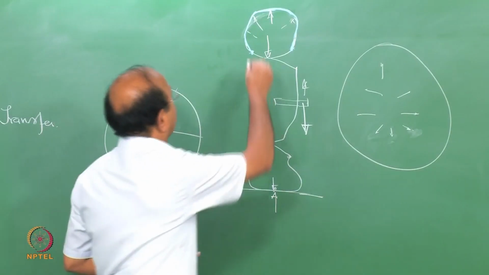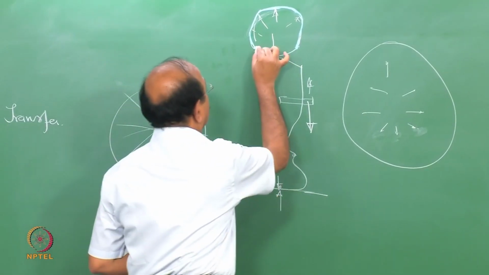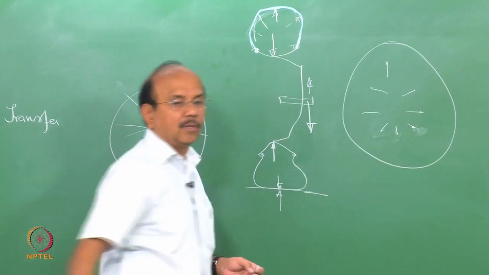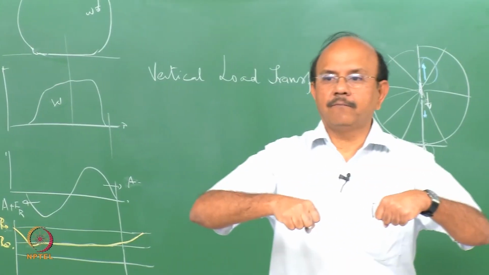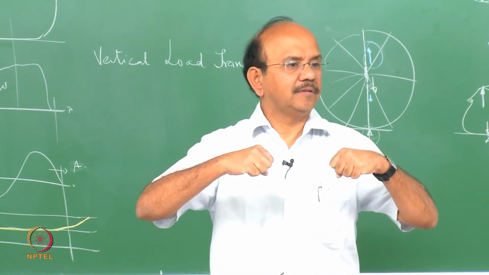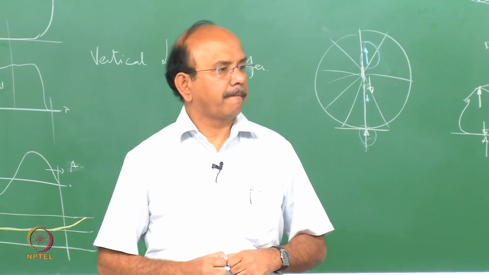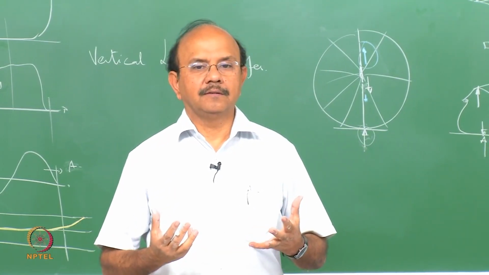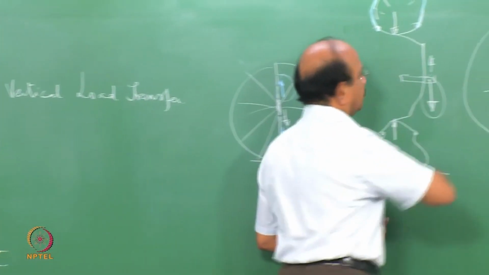So the whole load actually goes through this side wall onto this most important component called the bead, which transmits it to the rim, and that gives the force for the rim to support the load.